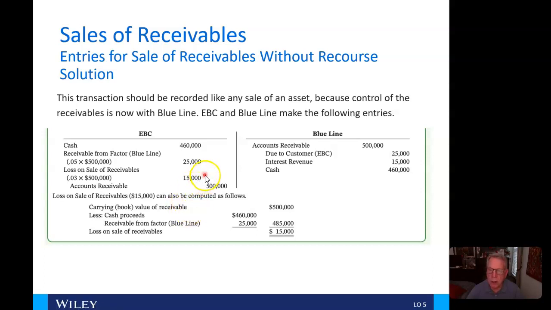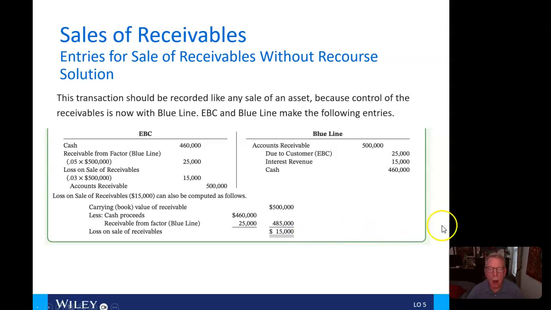So you can take a look at how you would calculate that 15,000 a little bit differently here. Here's the 500,000, that's the carrying or book value of the receivables, the cash proceeds. So this 25,000 is the receivable you're going to get from the factor, and so the loss is going to be the 15,000.